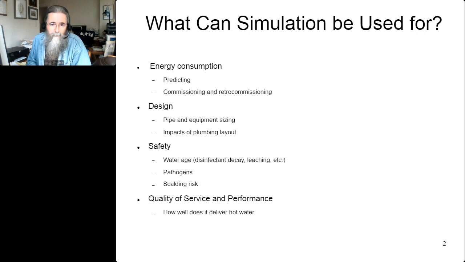Energy consumption, as the title of the session says. It can also be used for design work, the pipe and equipment sizing and the impacts of plumbing layout. One that we've heard a bit about in the Hot Water Forum before is safety, trying to figure out what pathogens might be growing in the water.